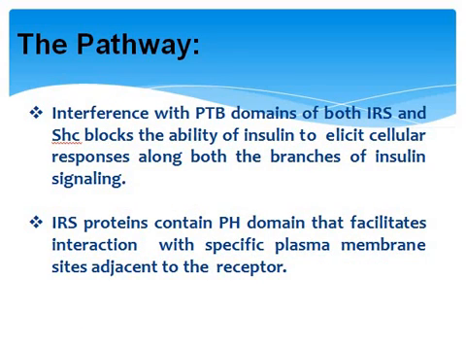Interference with the PTB domains of both IRS and SHC blocks the ability of insulin to elicit cellular responses along both the branches of insulin signaling. IRS proteins contain a PH domain that facilitates interaction with specific plasma membrane sites adjacent to the receptors.